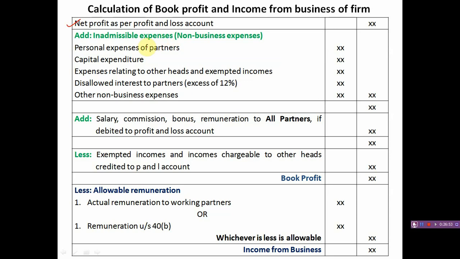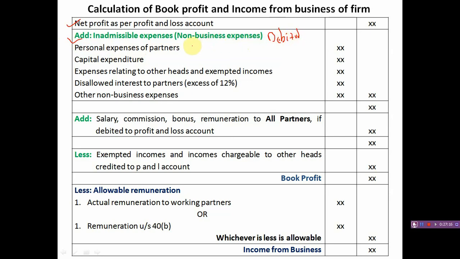Then, second step, add inadmissible or disallowed expenses which are debited to the profit and loss account, that is, expenses which are not relating to business activity but debited to the profit and loss account. Such expenses are to be added.